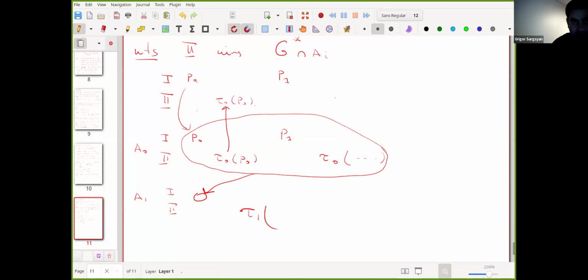Tau 1, let's say, and put whatever that is. So that would be your P0, this will be, sorry, this is P1, this is P2. So this will be your P3, right?